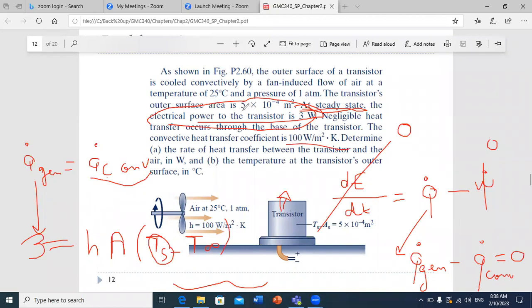The area is 5 times 10 to the power minus 4. The surrounding temperature, T infinity, is 25 degrees. So the only unknown is Ts. We can find Ts, and the unit of Ts, if you replace T infinity in degrees, Ts will be in degrees. If you replace T infinity in Kelvin, Ts will be in Kelvin. So as we mentioned before, for delta T, you can put it in degrees or Kelvin. It doesn't matter. Any question on this?